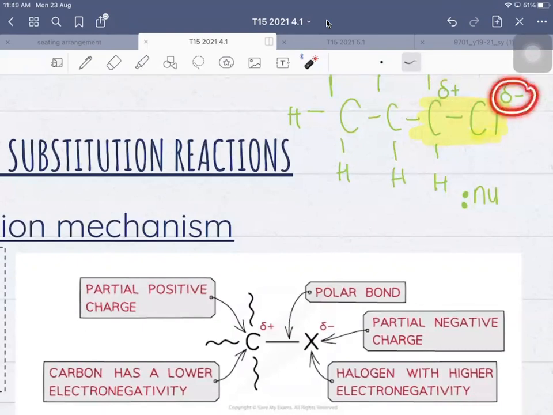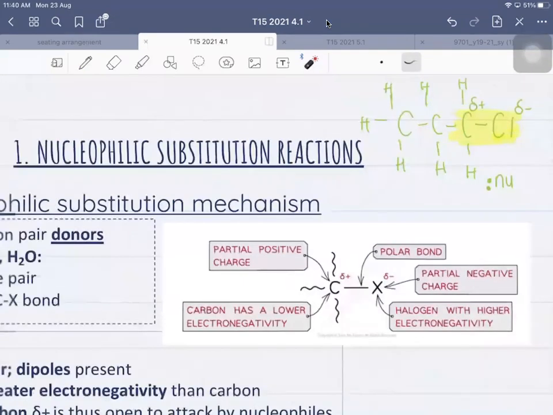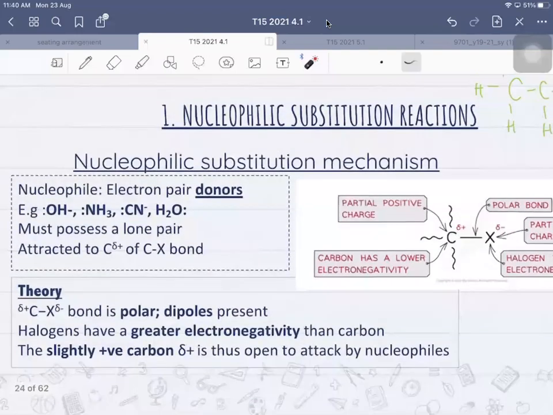Delta minus means it has a high electron density. Delta plus means it has a low electron density. So this nucleophile will attack the slightly positive carbon, the electron-poor region of the molecule. The slightly positive carbon, the one with the delta plus, is then open to be attacked by nucleophiles.